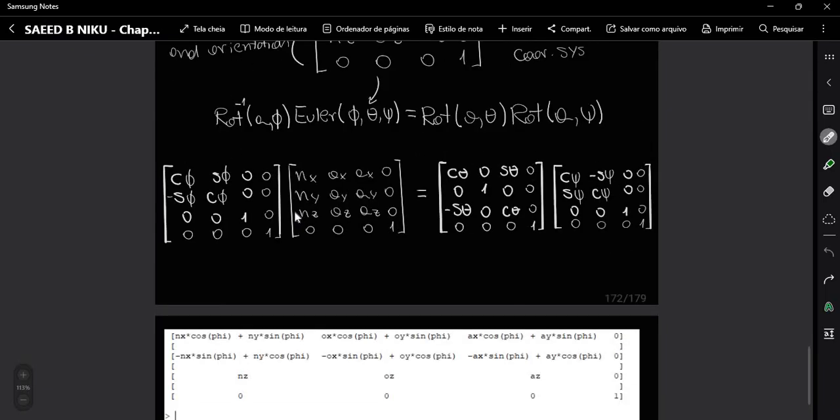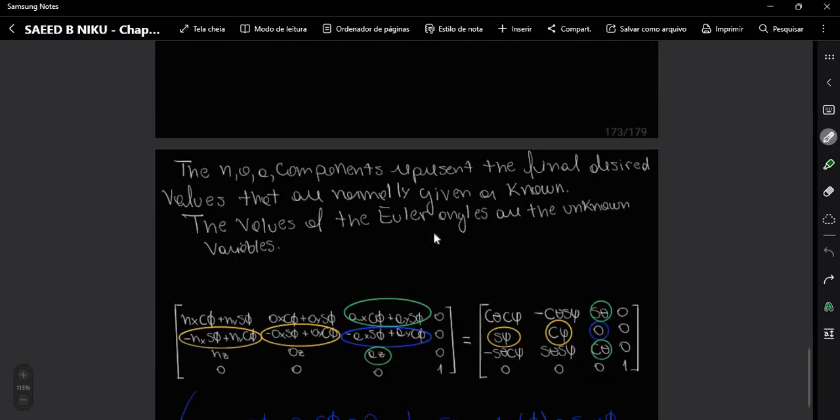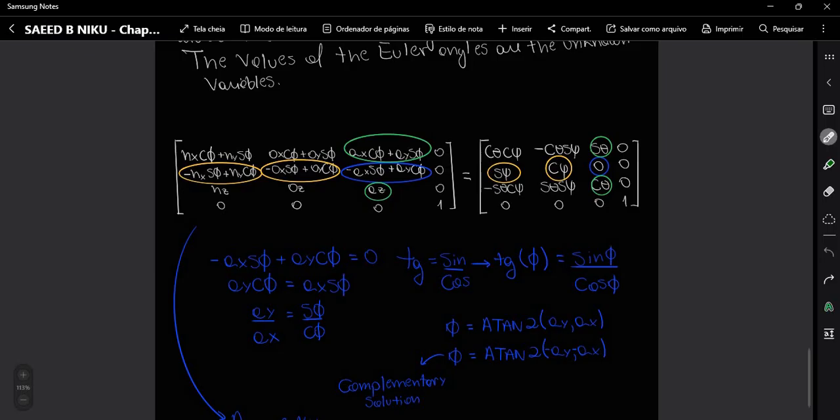Multiplying these matrices on the left side of the equation and on the right side, of this transformation equation right here, we write this other equation with these matrices, and for each element on the left side matrix, we got a corresponding element on the right side matrix.